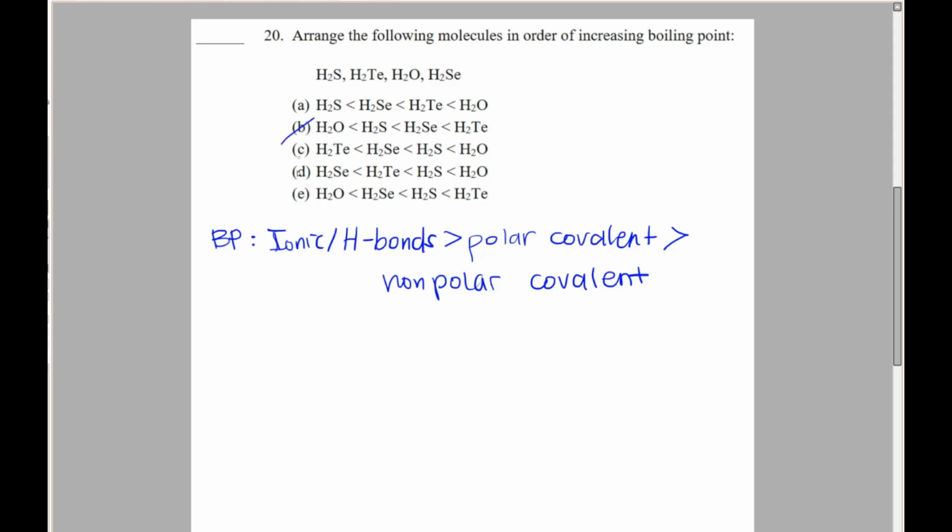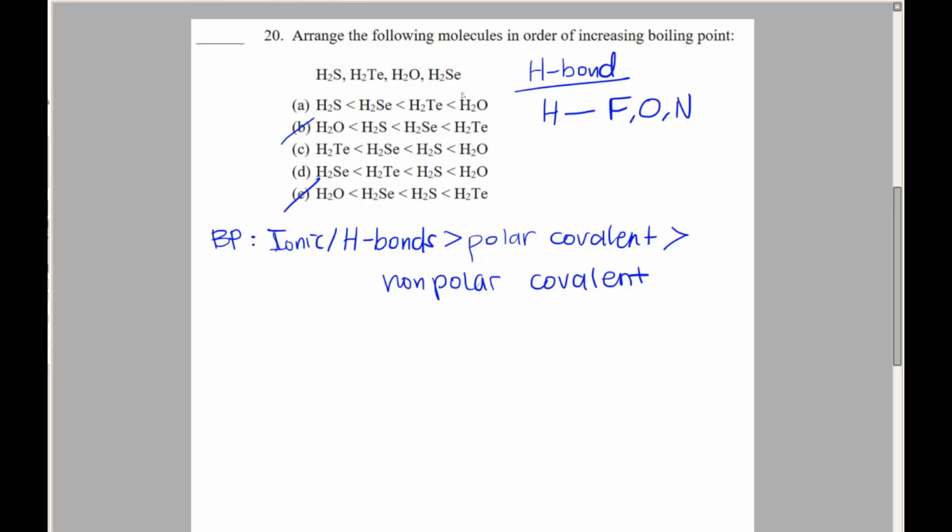So that eliminates B and E. And the reason why H2O is the only molecule in this set that can hydrogen bond is because, in order to hydrogen bond, the hydrogens have to be bonded to either fluorine, oxygen, or nitrogen, or "FON" atoms, if you want to call it that to remember it. But none of these other molecules have any of these atoms bonded to the hydrogen. So H2O is going to be the highest boiling point.